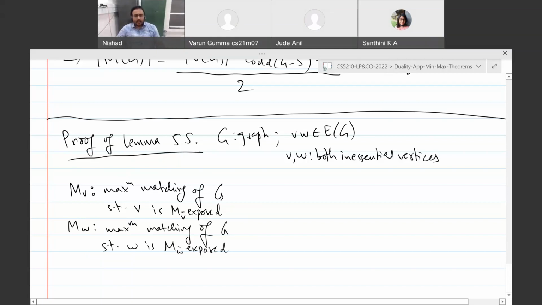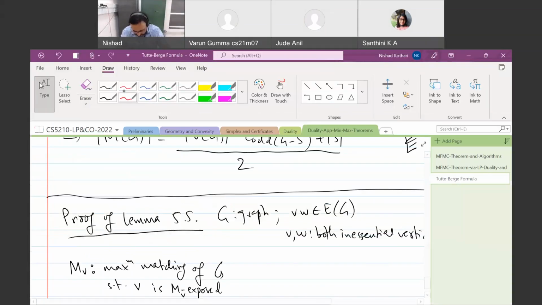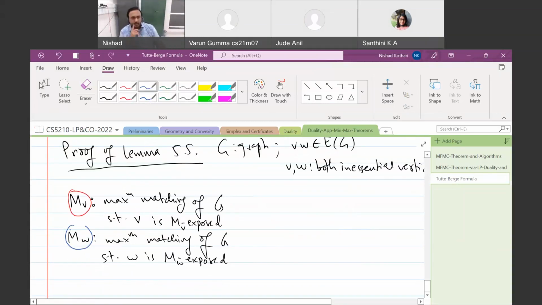Okay. Let's make a drawing with some colors. All right. So let's say the red colored matching is MV, and let's say the blue colored matching is MW. Or let me actually use green, it might be more visible.